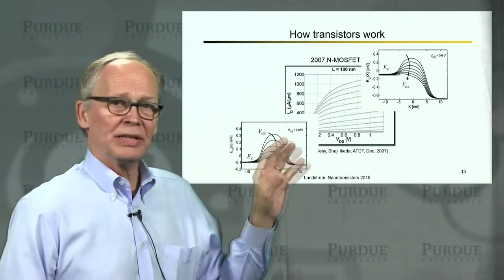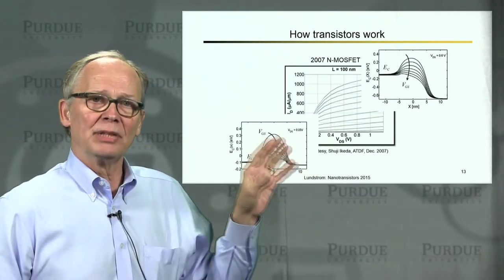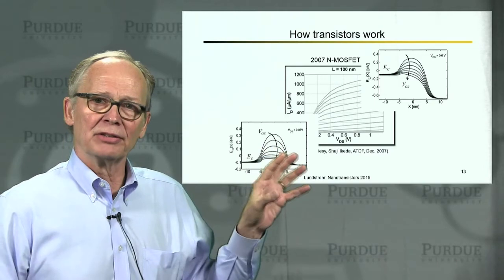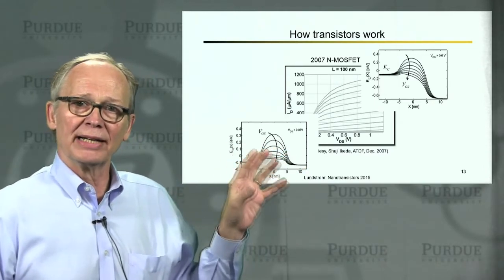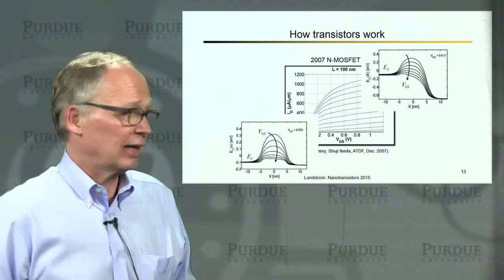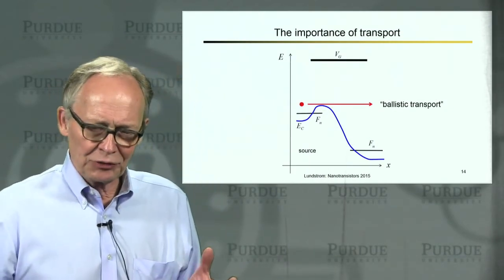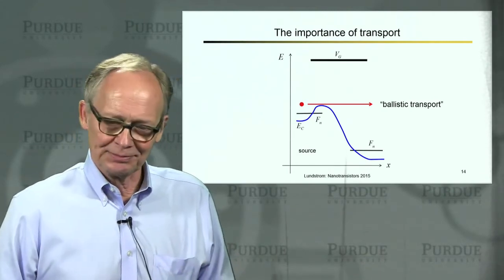So that simple picture basically explains how transistors operate. It's all about manipulating potential energy barriers with the voltages that we apply in the channel. If we can design the transistor such that we manipulate those correctly, we have a good transistor. So if that's all there is to it, then what's the rest of the course about?